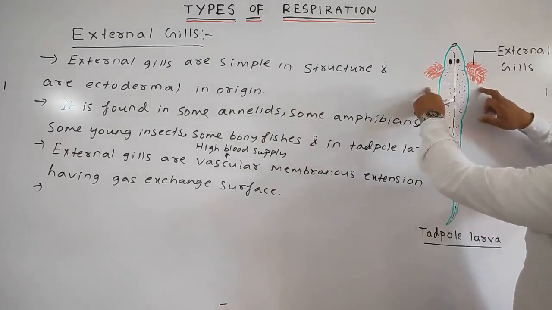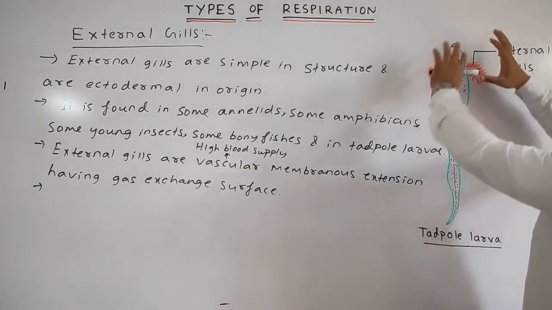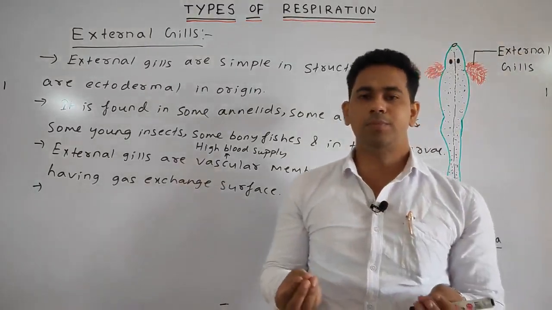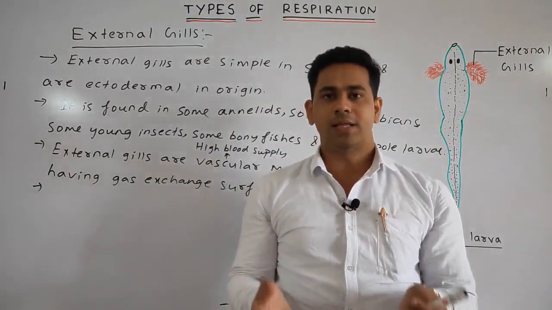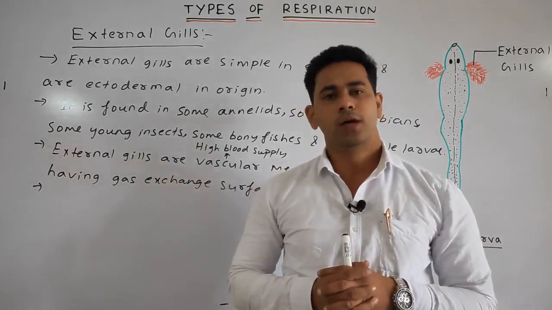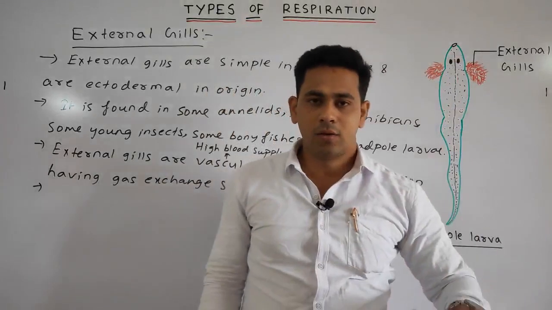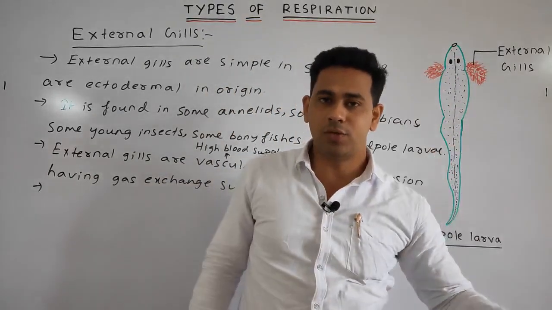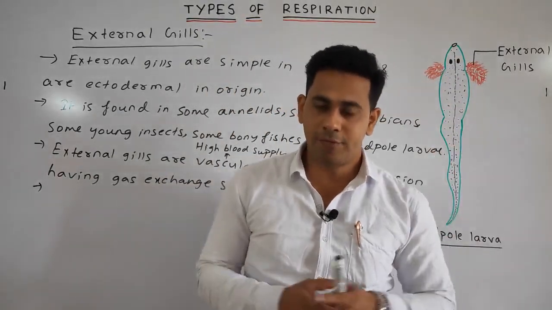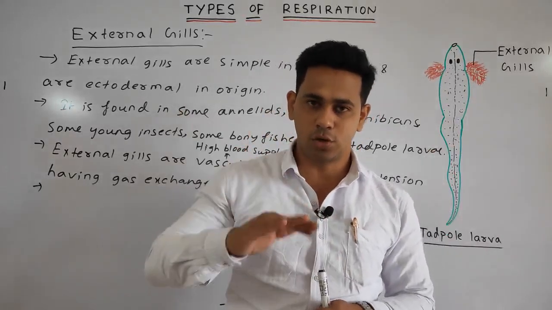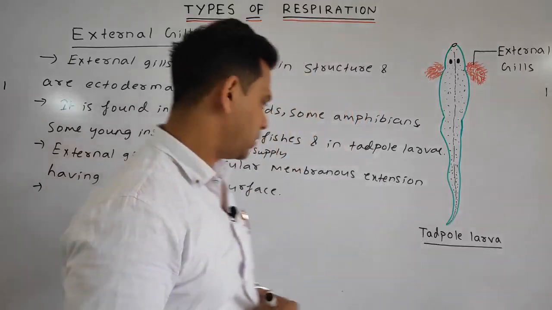Bath means simply it is surrounded by the water. So our next point is the external gills bathe with the surrounding water, by which the gaseous exchange of the CO2 and the O2 takes place.